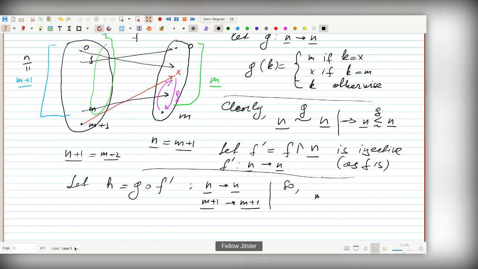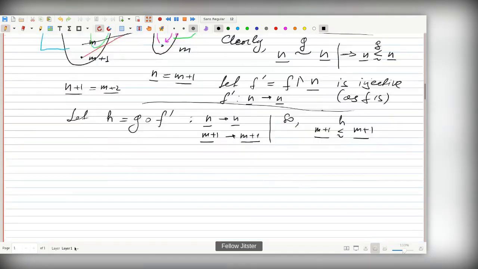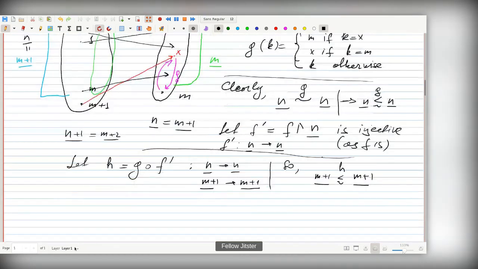So we have an injection h from m plus 1 into m plus 1. My last goal is to prove that, in fact, h does not take this value m.